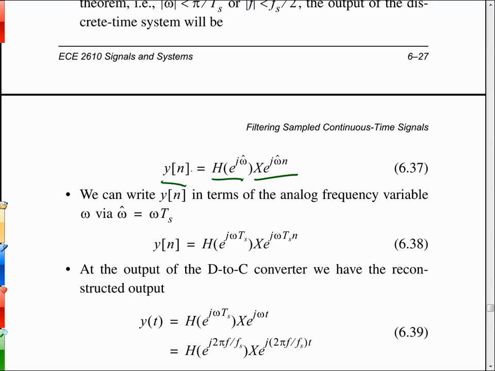So now if we want to take the last step, and that is go back to the continuous time domain, we just have this equation that we just started with, but now we're going to rewrite it and say omega is equal to omega hat over T_s, or the way I had it written on the previous page, F in hertz is equal to omega hat over 2 pi times F_s, because F_s is 1 over T_s.